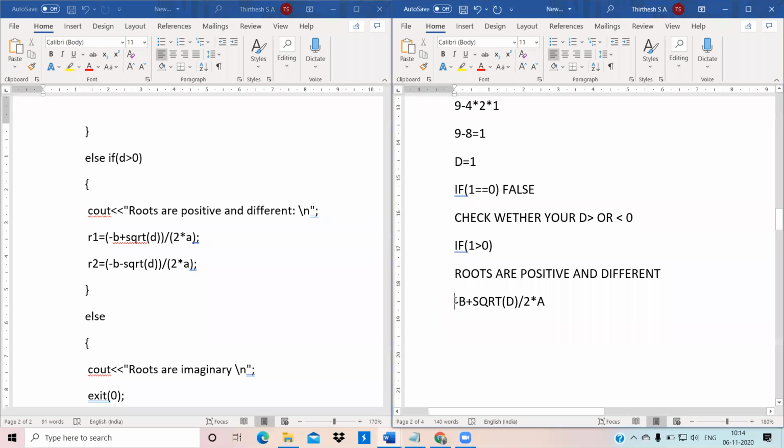Okay, so root 1 is equal to that, and again you're going to find one more root, called minus b minus square root of b square minus 4ac.